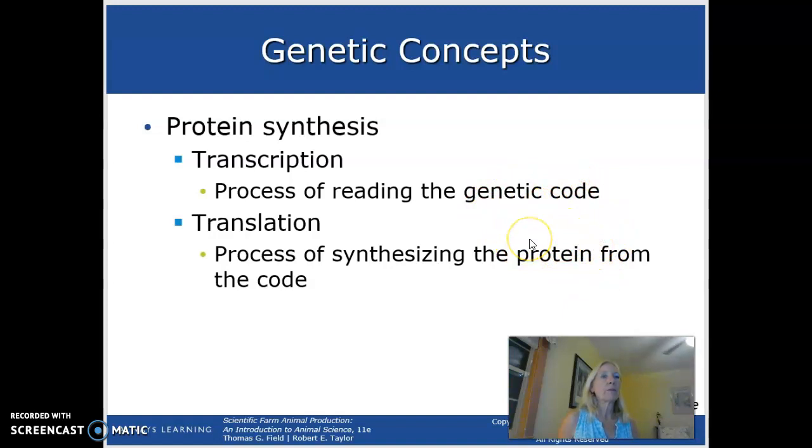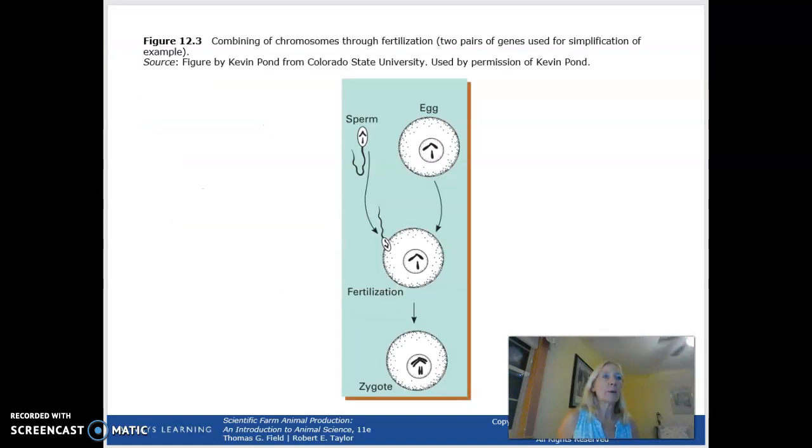This is like a whole month in genetics or biology. But this process of synthesizing the protein from the 4 nitrogenous bases is what tells your cells to do things, whether it's to produce more of a tissue, or to produce a hormone, or to produce something else that's going on in your body.